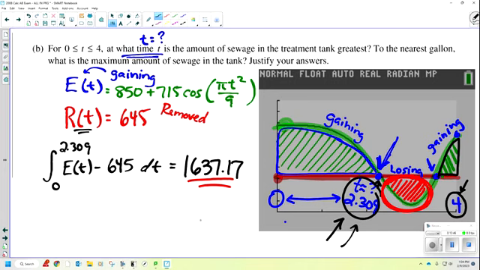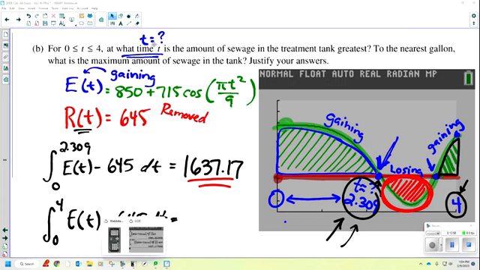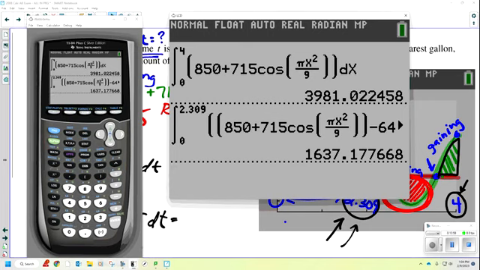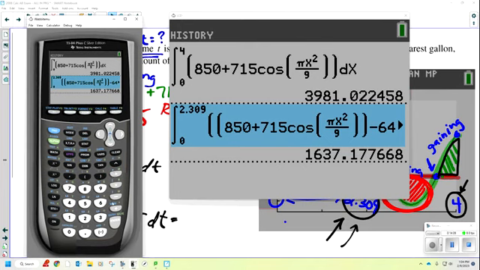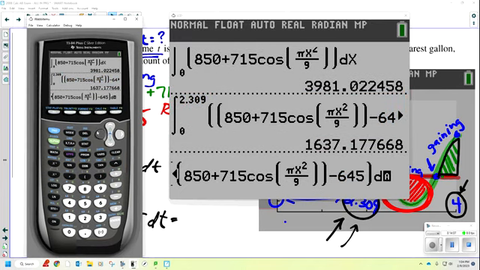So I'm going to do the same thing that I did above, except I'm going to do this integration from 0 to 4 of E of t minus 645 dt. And this is going to be even easier to do in the calculator because I just copy the integral I have above, and I literally just have to change the bound.